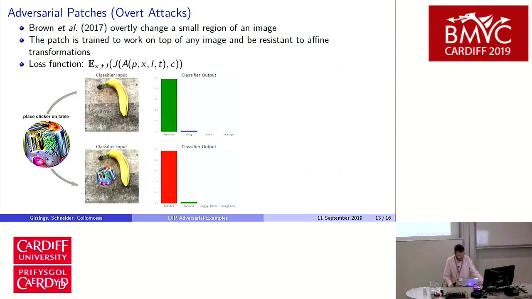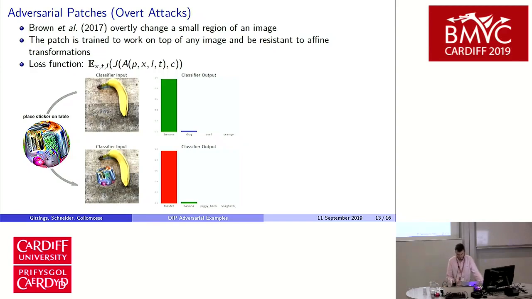Now, there's this other type of adversarial attack that I alluded to earlier, which is an adversarial patch. These were invented by Brown et al. The idea is that you can just perturb a small region of the image, but we can apply this to any image. So I can create this patch.